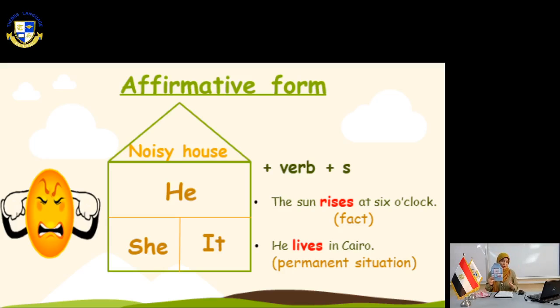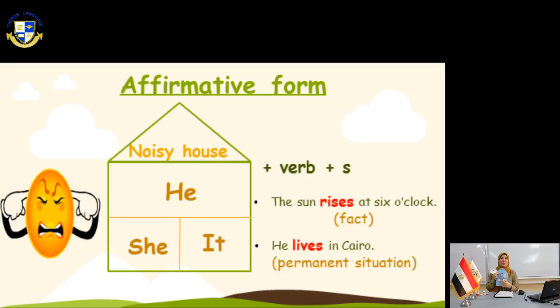So any verb that comes after he or she or it, we will add a noisy s at the end of the verb. The noisy sound that comes out from this house is zzz, like a noisy fly.